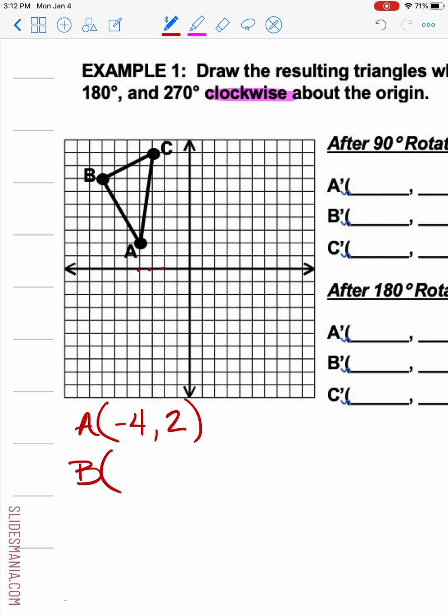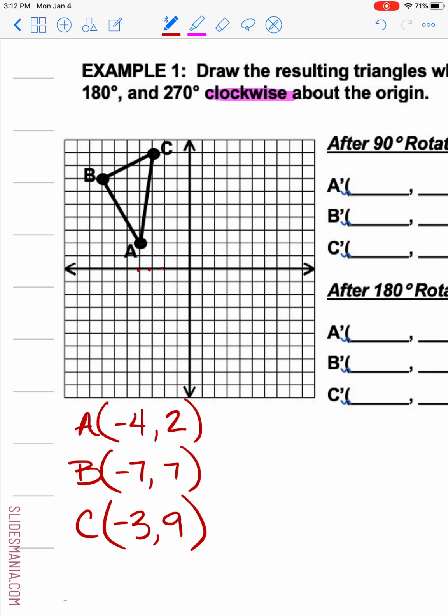Point B is at negative 7, up 7. And I can easily count these because these are 10 by 10 grids, so sometimes it's easier to subtract from 10 than count all the way to the 7. And so point C is at negative 3, positive 9.